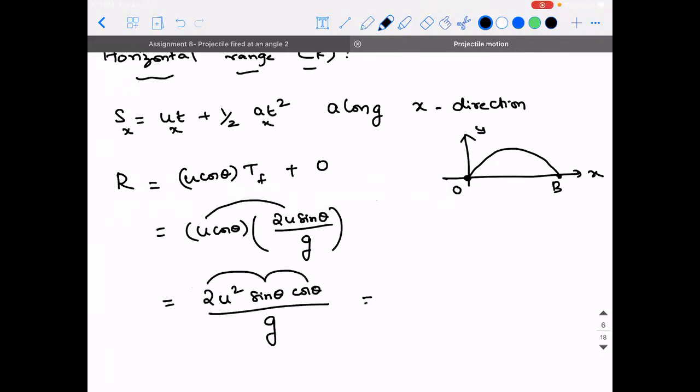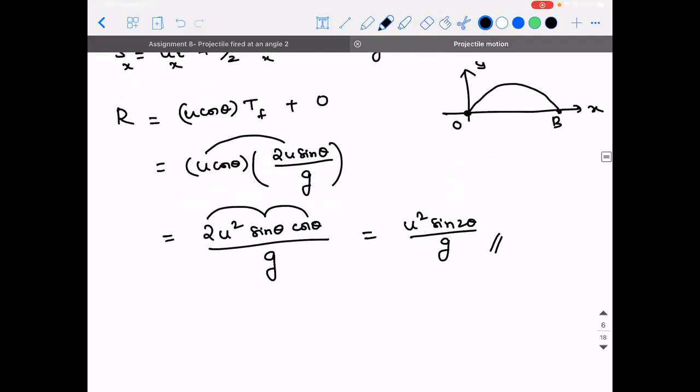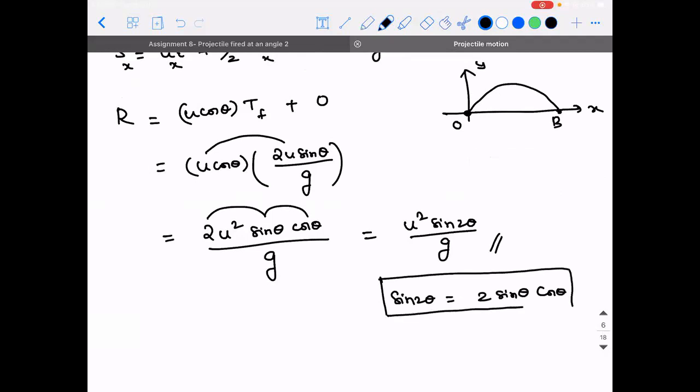So what is 2 sin theta into cos theta, guys? I hope you know this formula. Have they started trigonometry in your school? There is a formula called sin 2 theta, where sin 2 theta is nothing but 2 sin theta into cos theta. Sir, why is half at square 0?